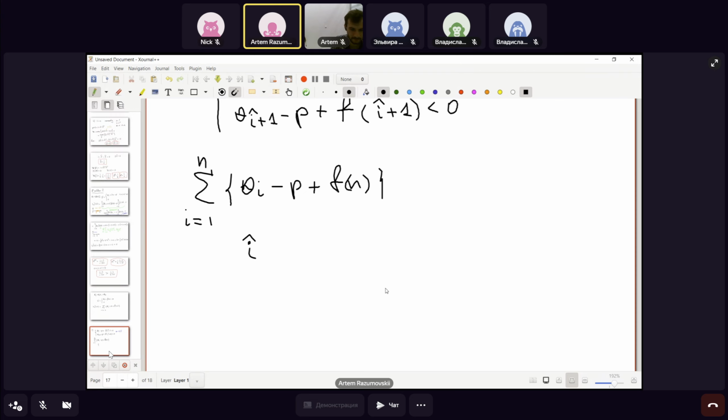So now we have that the sum from i equals 1 to I hat of theta I minus p plus f of I hat, because now the number is I hat, will be greater than the sum if I join the next one, which is I hat plus 1.